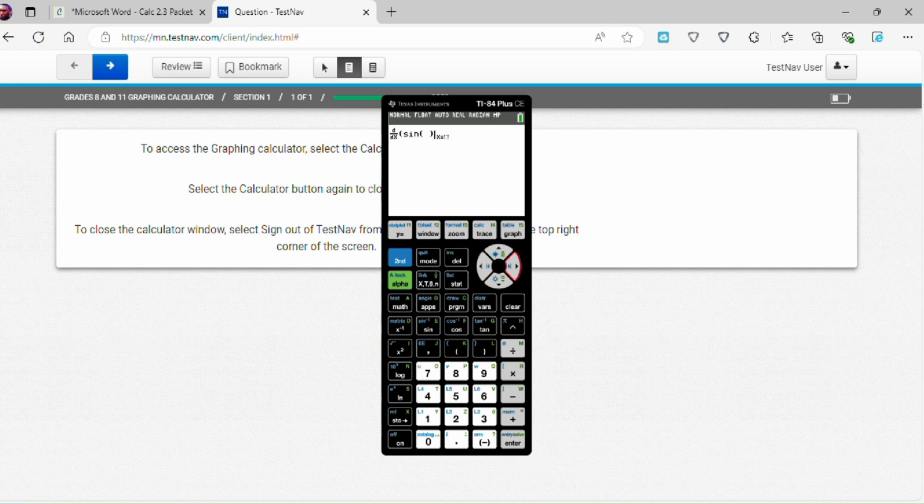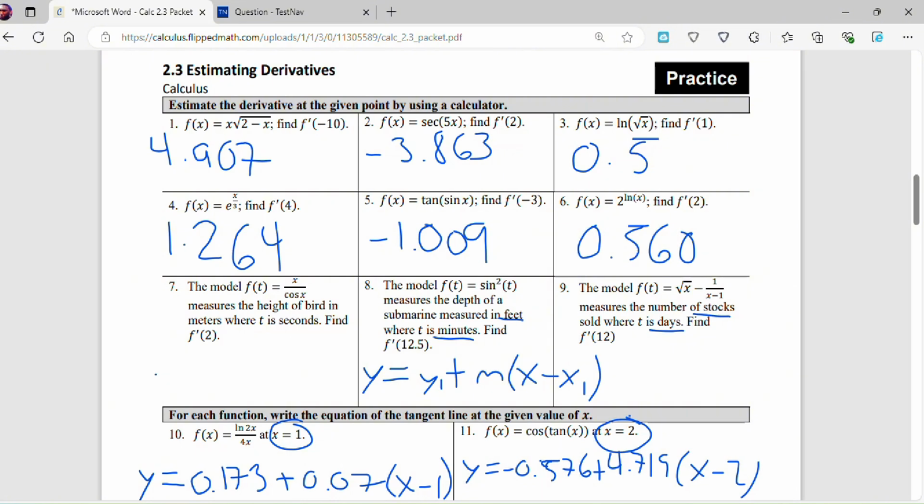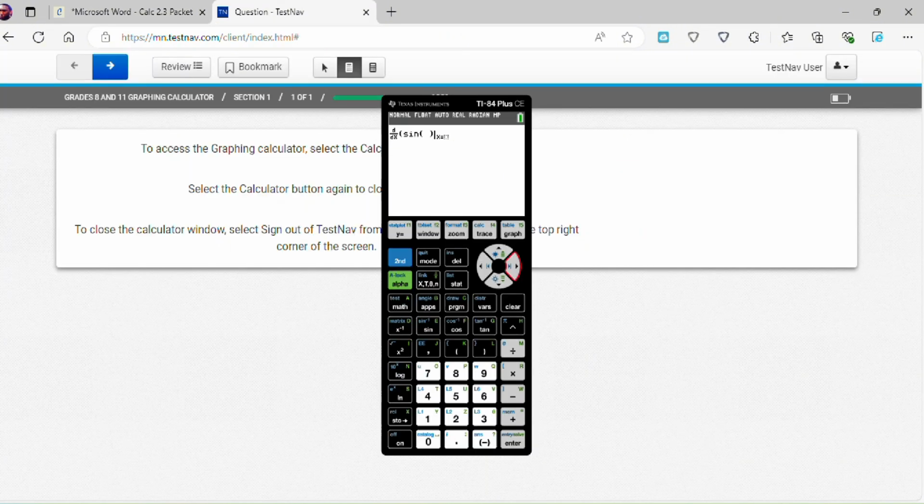And the problem is that our equation here is sine squared x. So how do we get that square in? Well, we'd get that square in by putting our inner function as x, and then put that square right on the outside. So sine of x squared is the same thing as sine squared of x. And this is how you would do it on the TI-84.